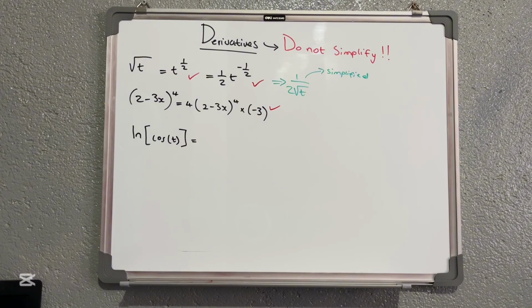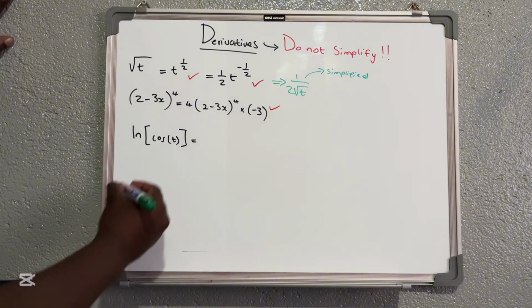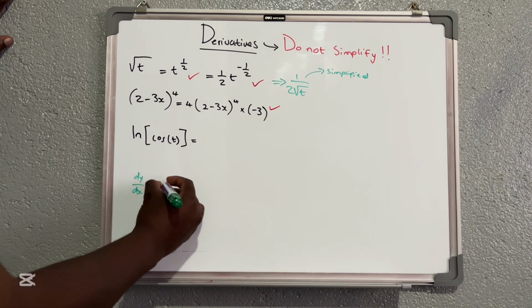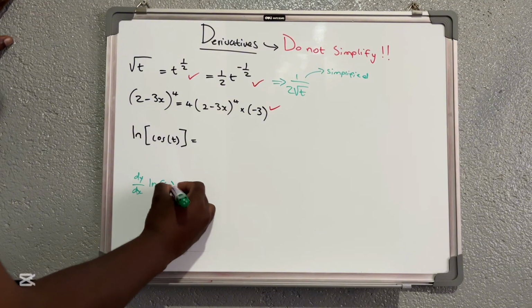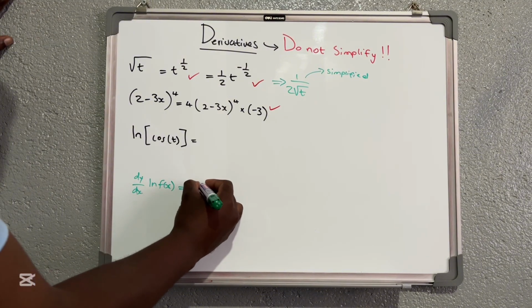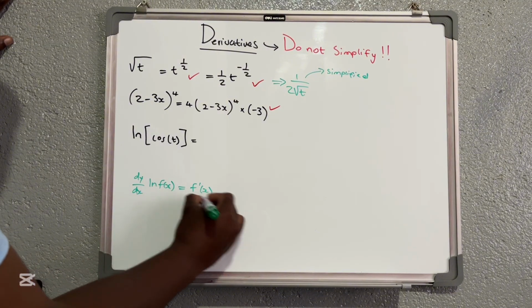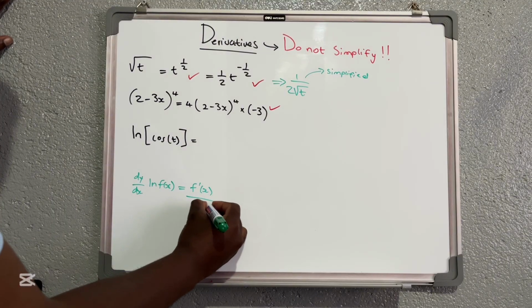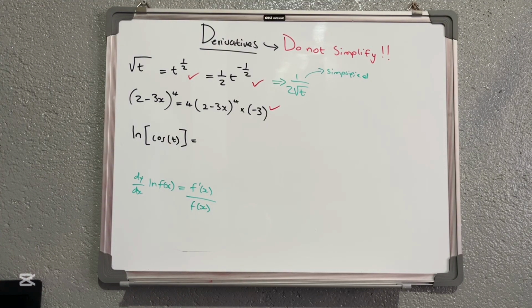If you dig in your rules, you have your rule for ln, which says if you're differentiating dy over dx of ln of f of x, then you have the derivative of what's inside over what's inside.